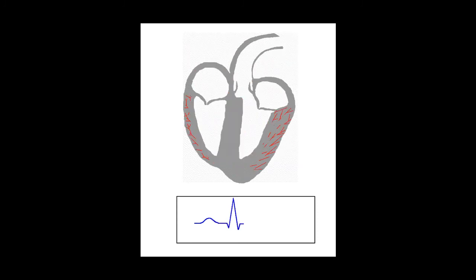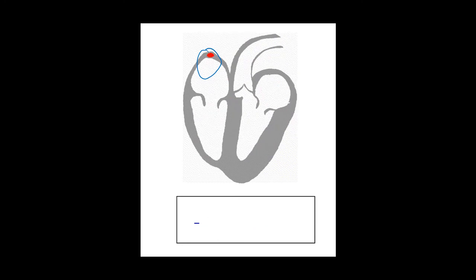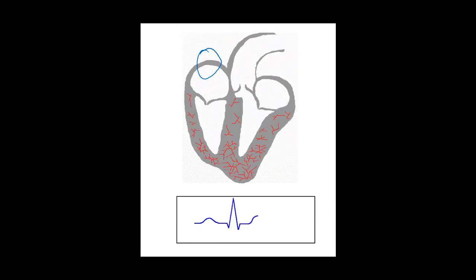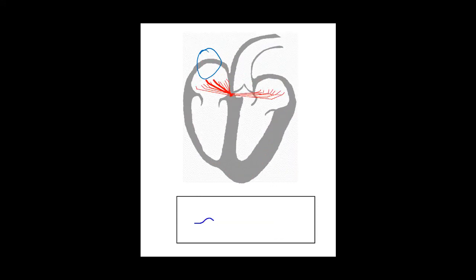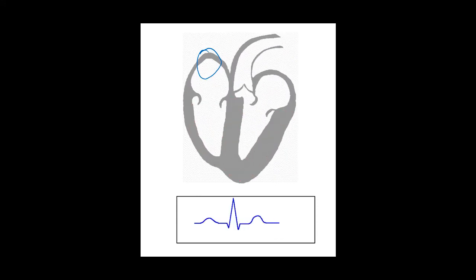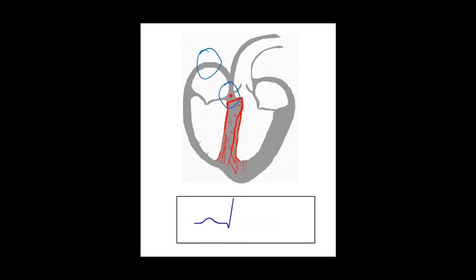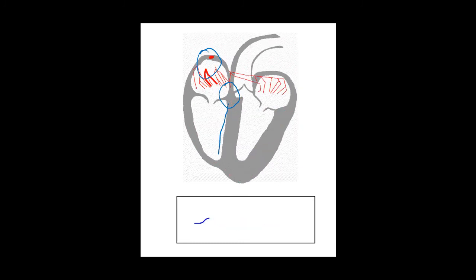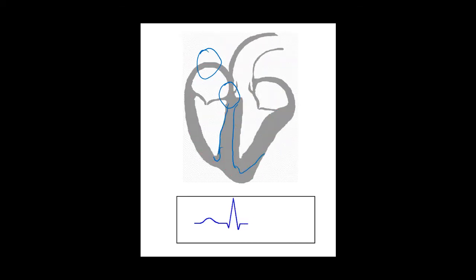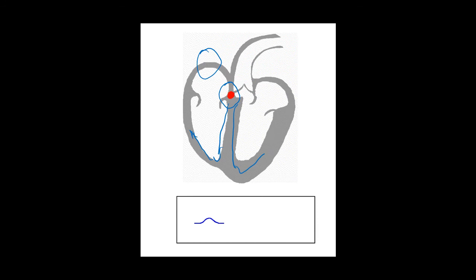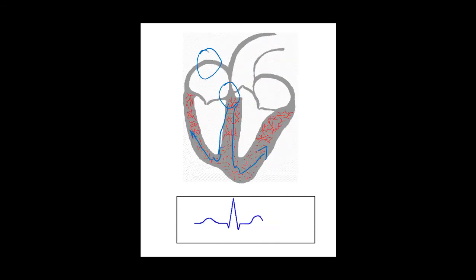As we look at that process here, we have the SA node generating an action potential inside the right atrium. That then sends its signal across to the left atrium over to the AV node. We come down the bundle of His, a right and a left bundle branch, comes around a corner and comes back up through the Purkinje fibers. And then we have our electrical conduction through there.